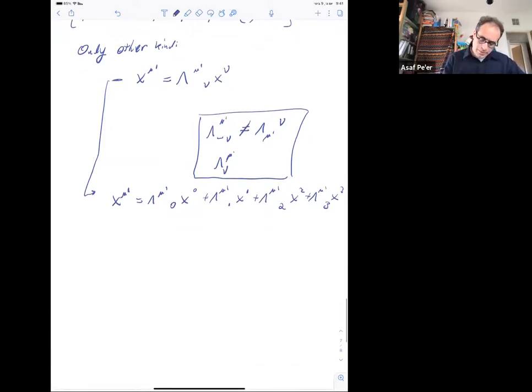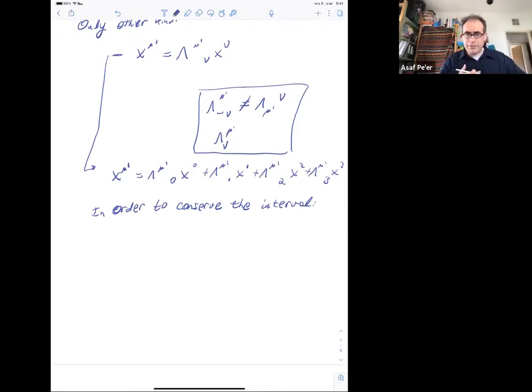In order to conserve the interval, what did we say about the interval? So let's say the prime guy, delta S prime squared. How can I write it?